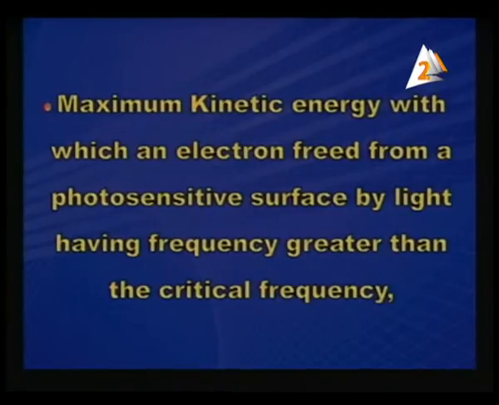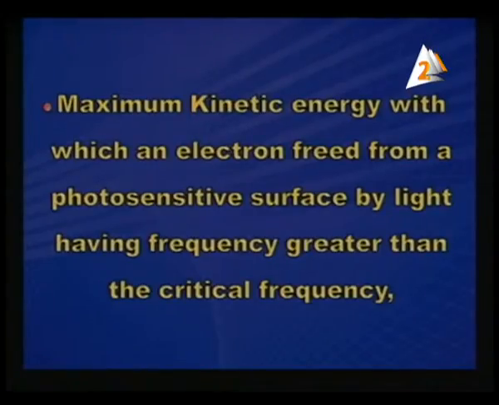The expression that gives the maximum kinetic energy with which an electron is freed from a photosensitive surface by light having a frequency greater than the critical frequency. So let me say it again. We've got light with frequency greater than the critical frequency. This light is shone on a surface. Electrons are ejected.